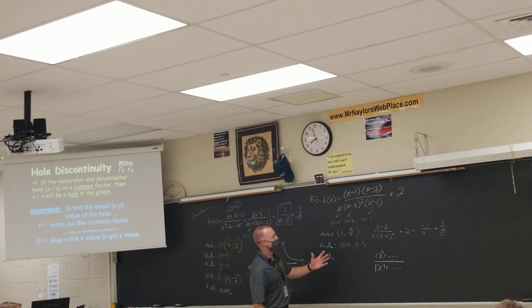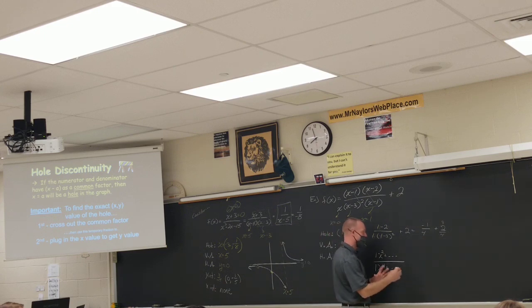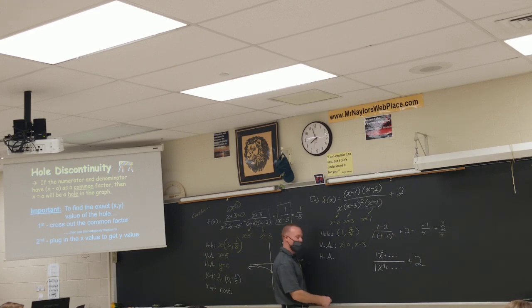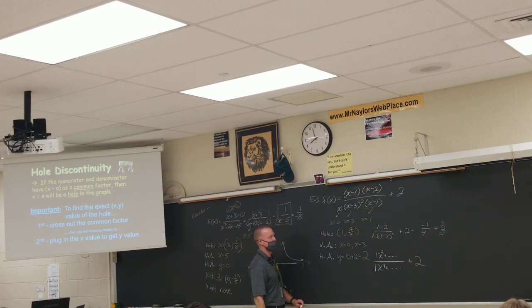I don't need to FOIL it out to see that the top is smaller than the bottom. So we end up with the rule being y equals 0 plus 2, which ends up being 2. Remember, the plus 2 is going to shift that asymptote.